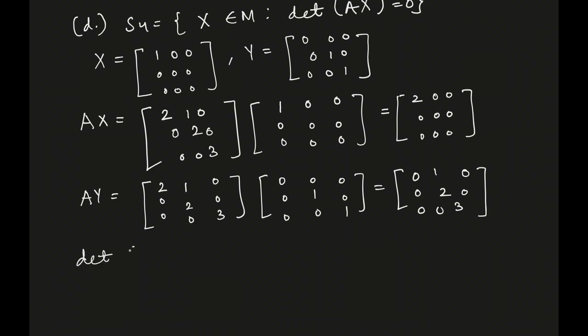Determinant of AX is 0 and determinant of AY is also 0, which means X and Y belongs to S4.